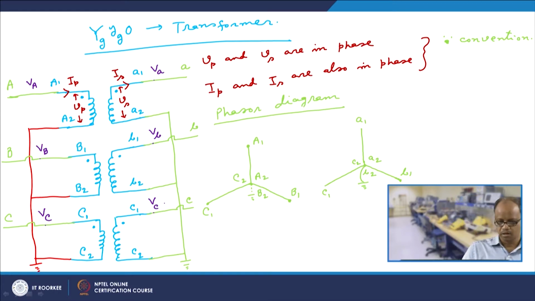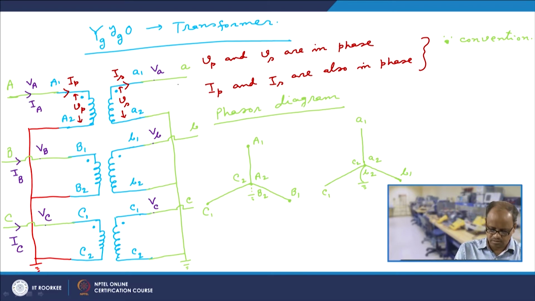Right. Now, let us denote that this is IA, the current which is entering the phase A winding at the primary side. Similarly, this current we denote as capital IB, the B phase current at the primary side. Similarly, we denote the current capital IC.